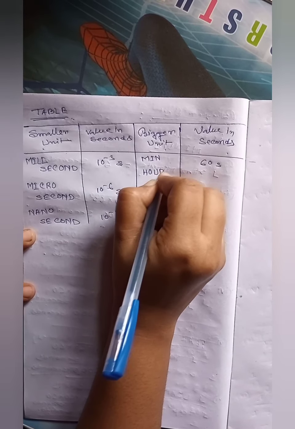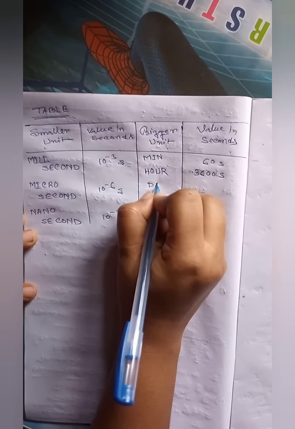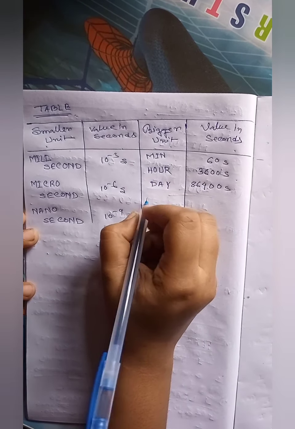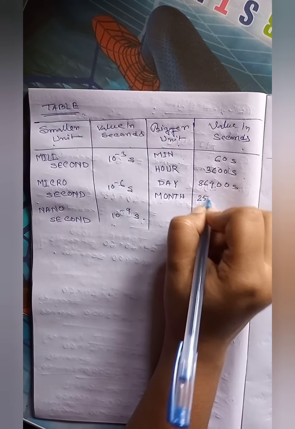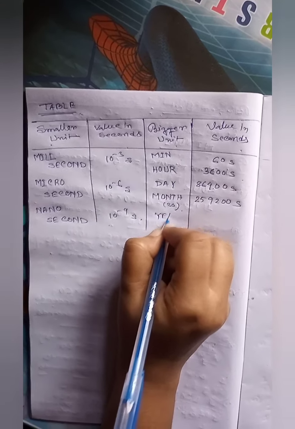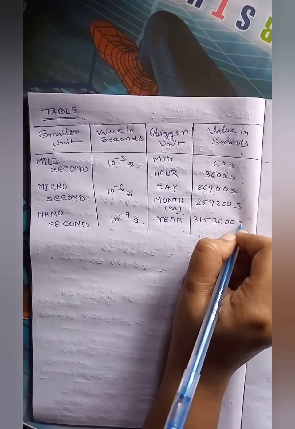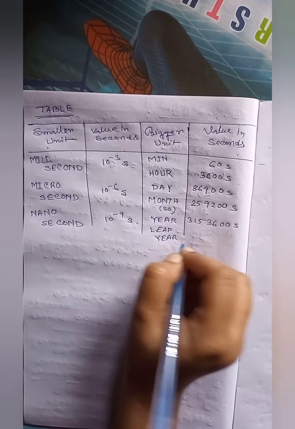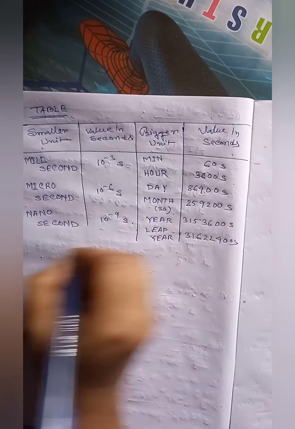Hour, 3600 seconds. Day, 86400 seconds. Month, 2592000 seconds, it's for 30 days. Year, 31536000 seconds. Leap year, 31622400 seconds.